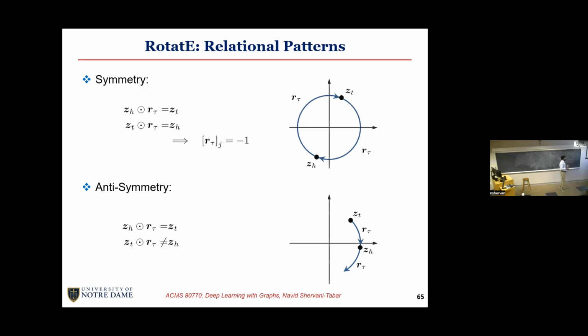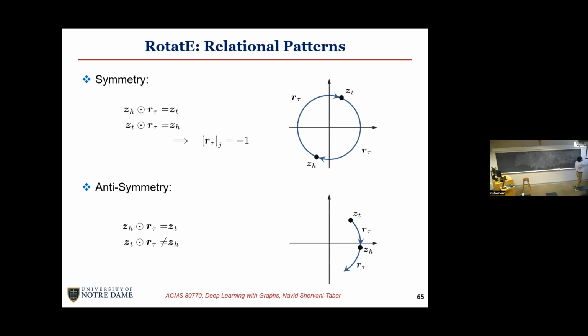And then I can do the same the other way around, right? I should be able to start from the tail embedding and rotate it according to R tau, and I should be able to get to the embedding for the head entity. So we can do that.